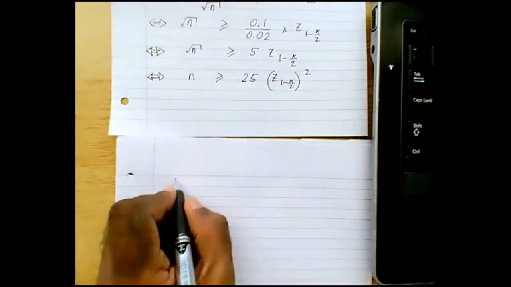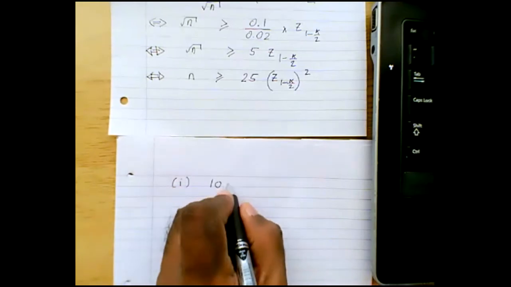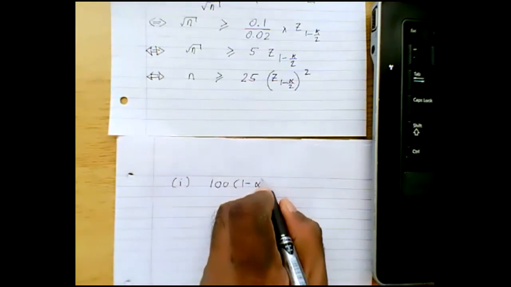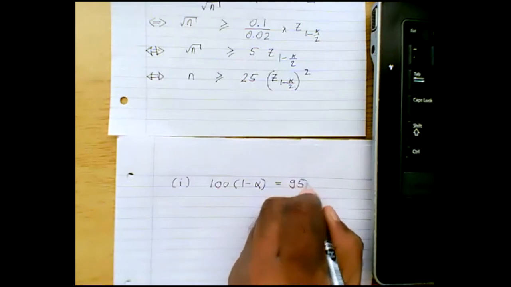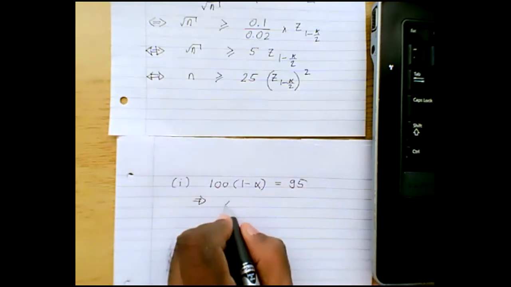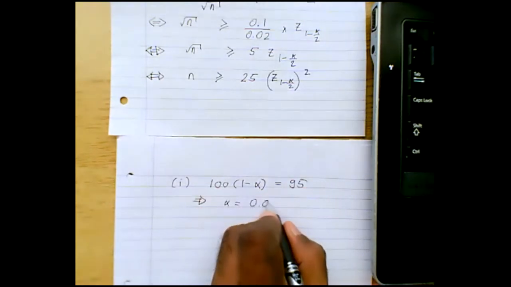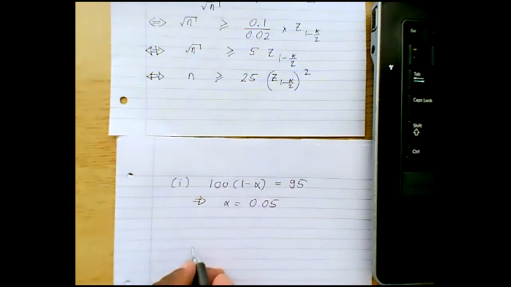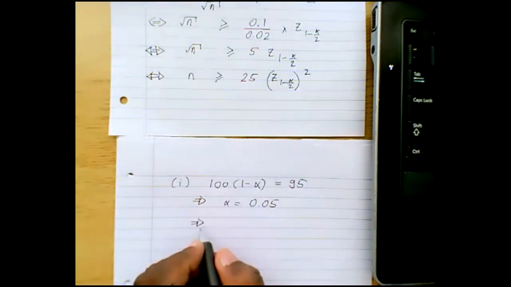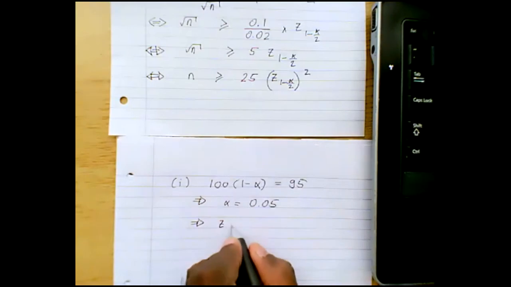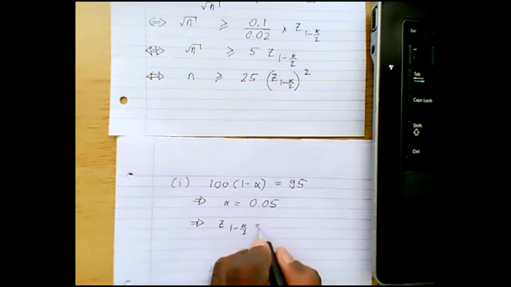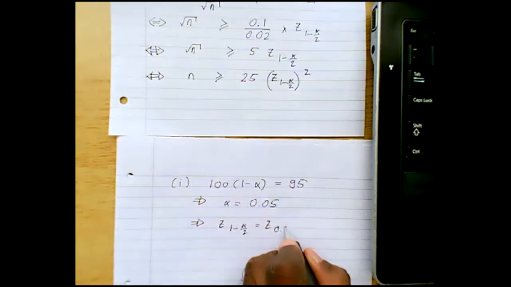For the first part, we want 100 times 1 minus alpha to be equal to 95%, which implies that alpha must be 0.05, right? And this implies that z 1 minus alpha by 2 will be 1.96.